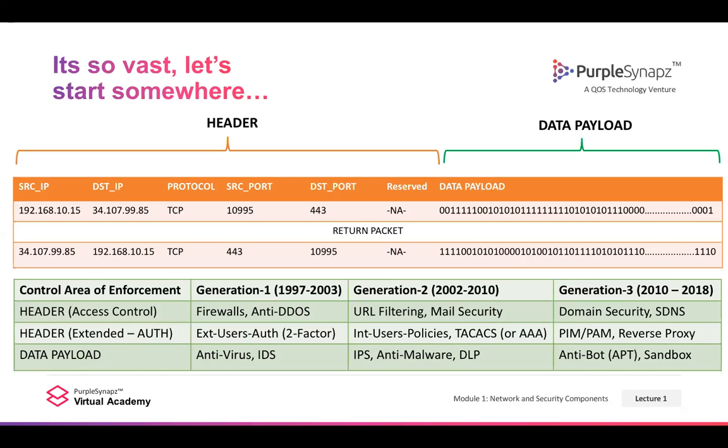So TACACS was a new way of authenticating administrators and keeping their passwords in some centralized space. Plus also AAA, as I told you in the previous slide, not only takes care of authentication as a solution, but also authorizing, which means which administrative task can be done by person A, which by person B, which set of administrator tasks will be done by super admin called administrator C. So that's called authorization.